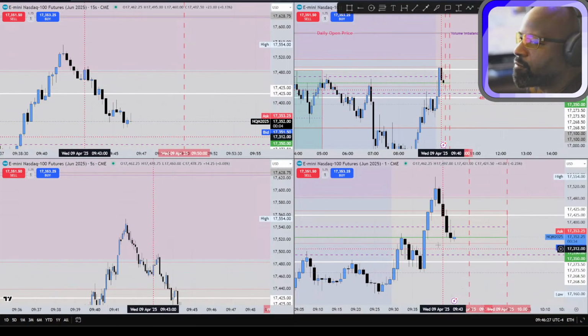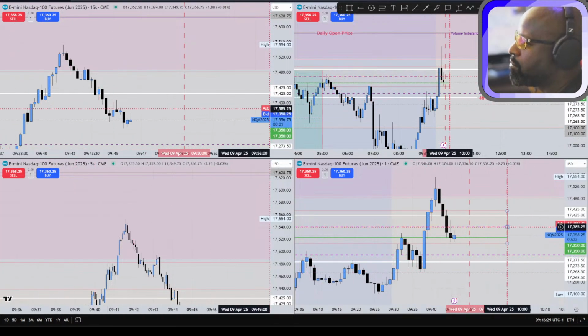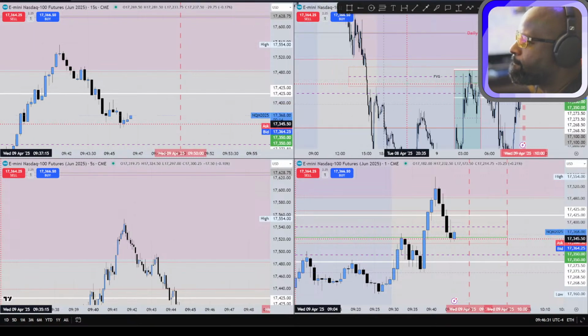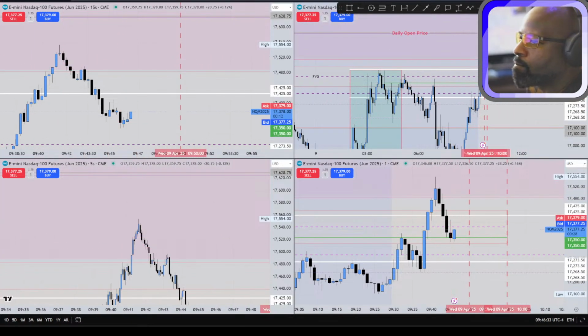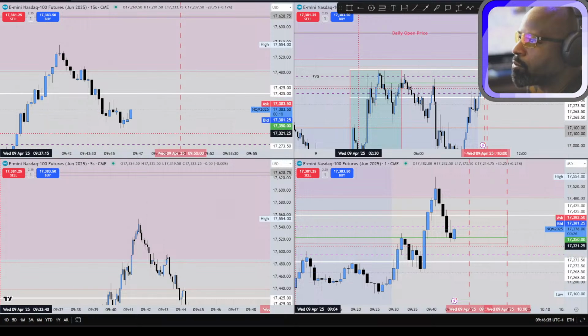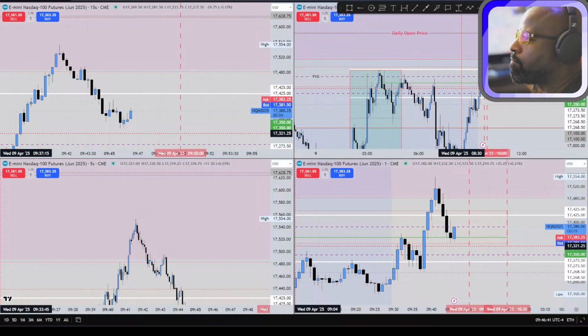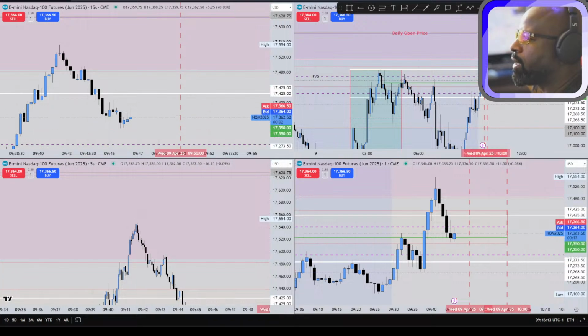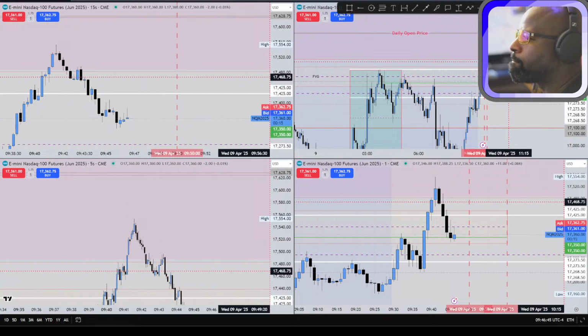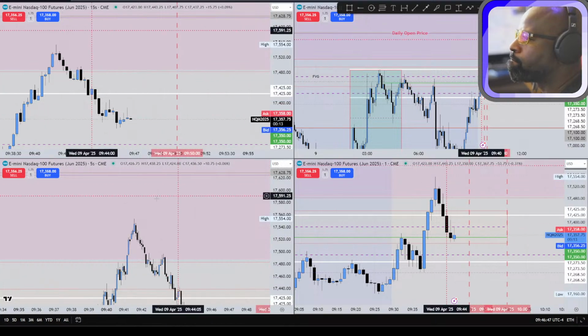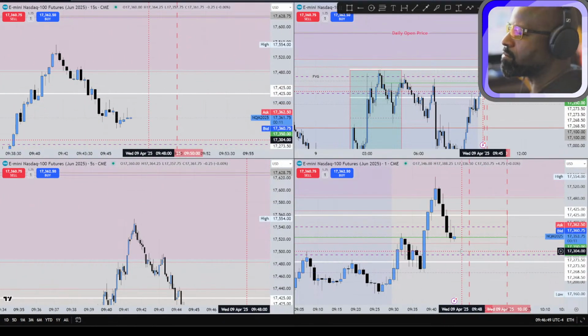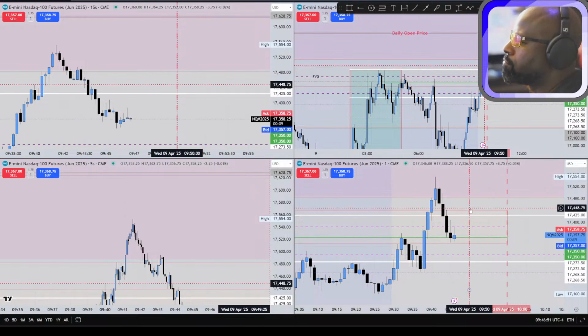I would imagine that this is the first presentation. This imbalance is formed where? This imbalance is formed on the 15-minute chart. We're also coming below the consequent encroachment of that gap on the 15-minute chart. That seems like a solid entry.